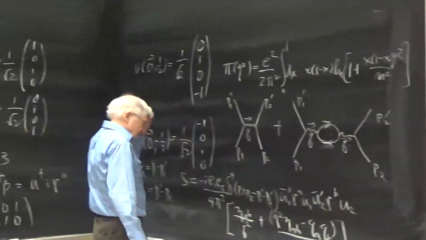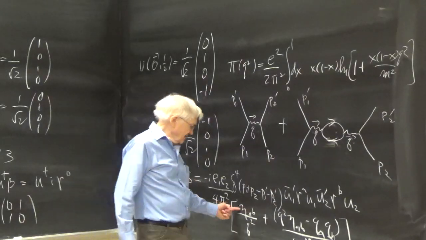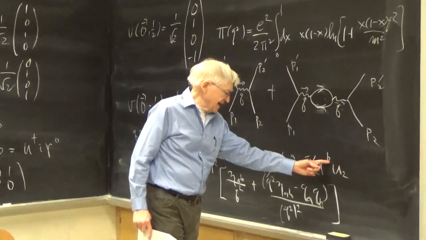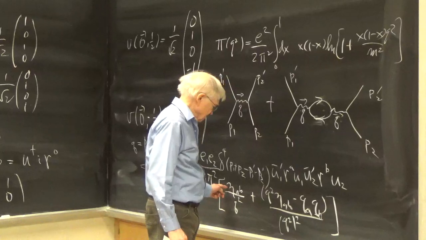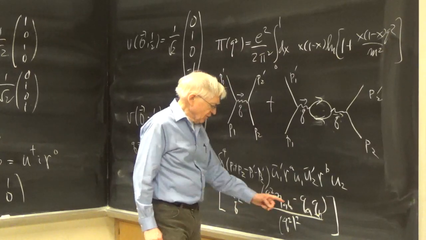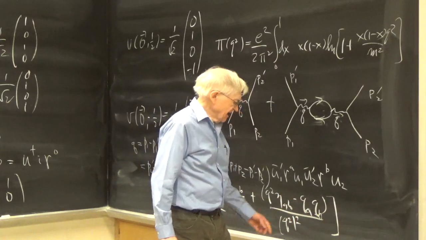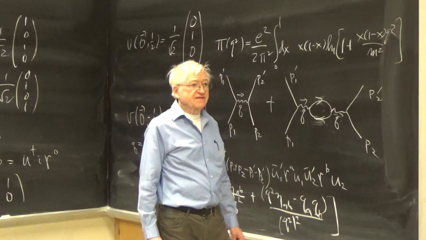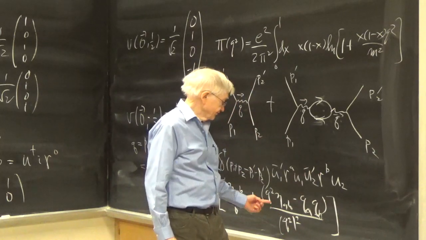What we've got here is, in this case, this just changes gamma b into lower gamma a. That's what this eta does. But over here we've got these q's. And the point is that the q's on these just give us 0.